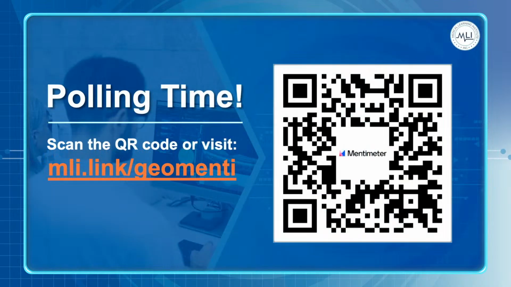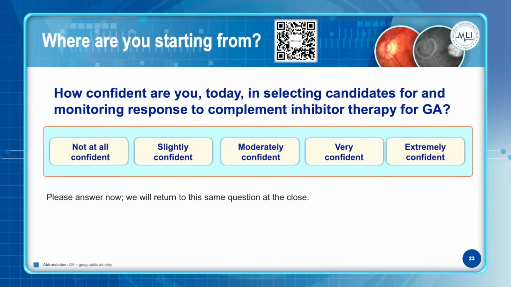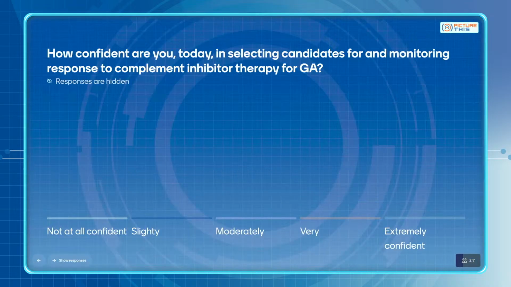Okay, so let's go to the polling question now. I hope you guys had enough coffee to answer. So the question is, how confident are you today in selecting candidates for and monitoring response to complement inhibitor therapy for geographic atrophy? Not at all, slightly confident, moderately confident, very confident, extremely confident.